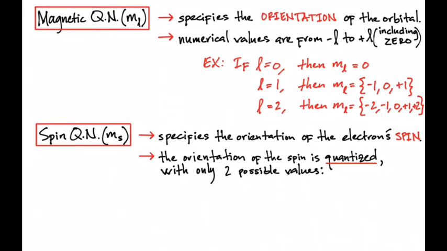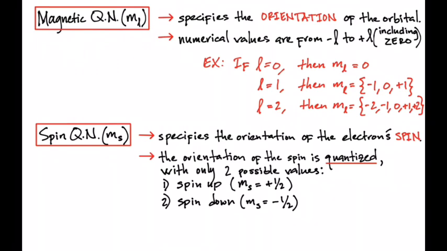Quantized means that there's only specific discrete values allowed for this quantum number. Those 2 possible values are either positive half or negative half. Those are the only possible values for m sub s, the spin quantum number.